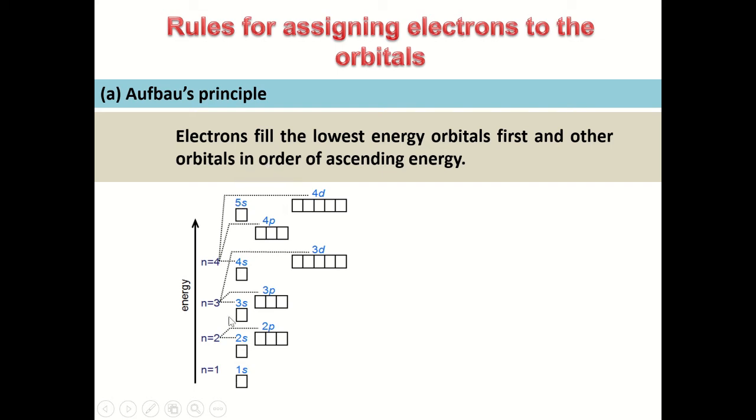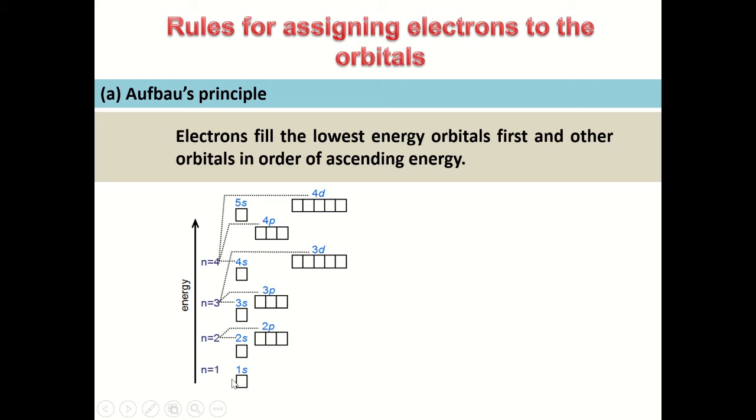As you can see, energy level increases from bottom to top. So when we want to fill in the electrons, we must fill in the lowest energy orbital first, which is from n equal to 1. Remember, each orbital can fit up to 2 electrons.